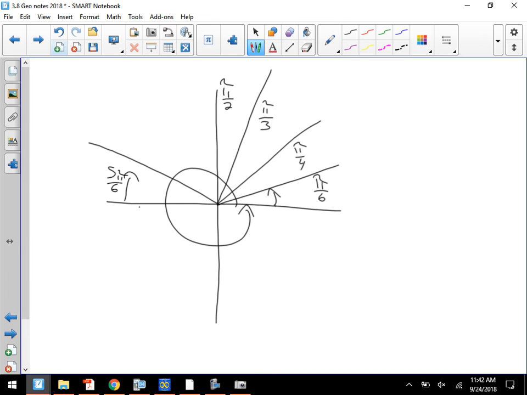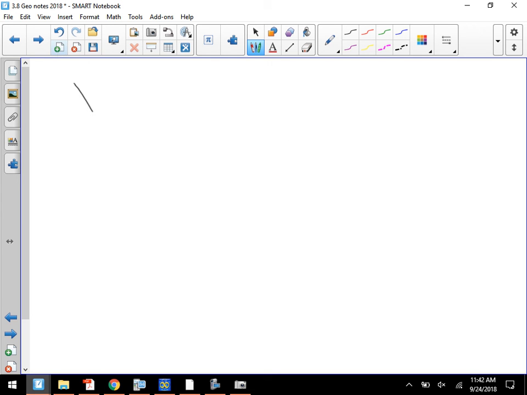All right, let's do another one. Let's say you have this. Write the equation of the line that is parallel to x equals -7/4.